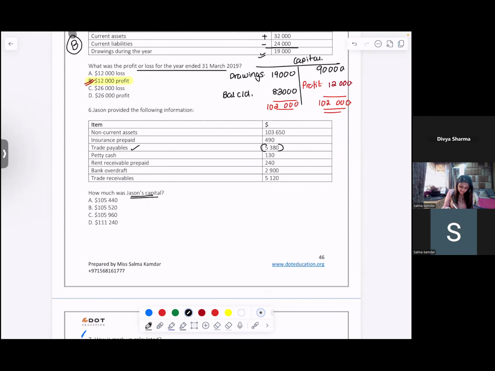Petty cash is an asset. Rent receivable, prepaid. This is a liability, it's pre-received income. Then bank overdraft is a liability. And that's it. Just put these things in bracket. So what is the amount coming up to?